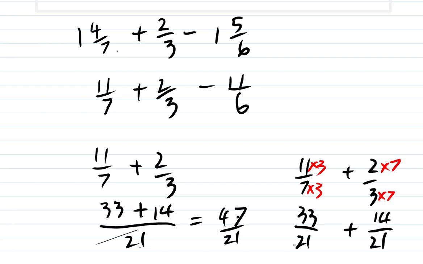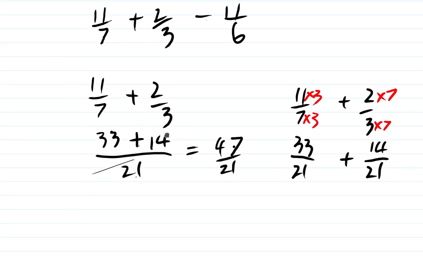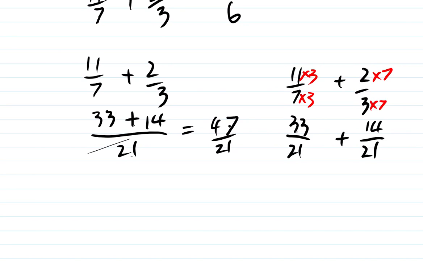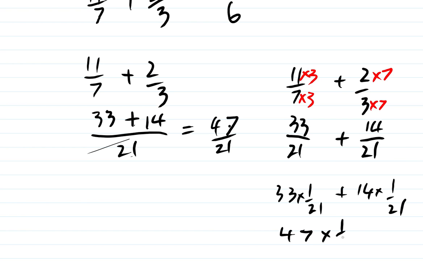Now here, what is 33 of something plus 14 of that same thing? It's going to be 47 of them. So this is 33 21sts plus 14 21sts. 33 plus 14 is 47, so you have 47/21.